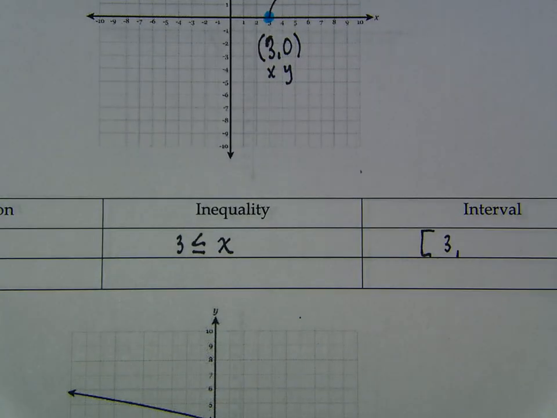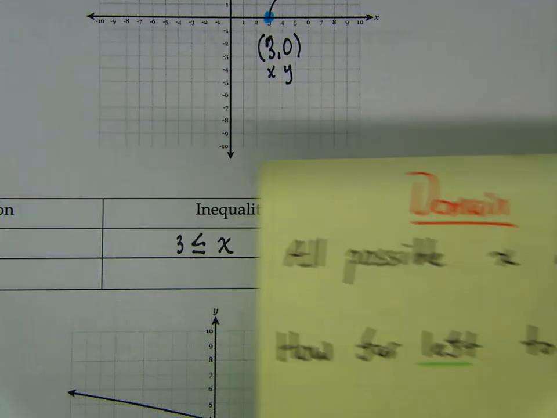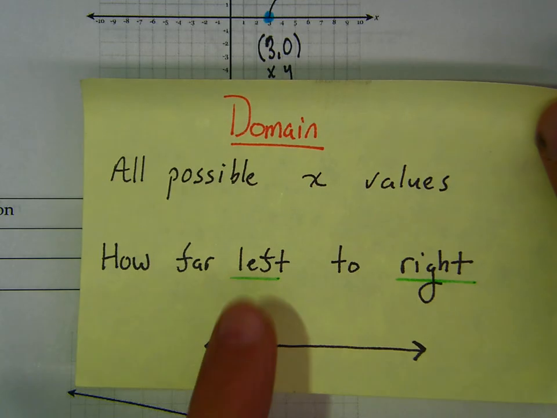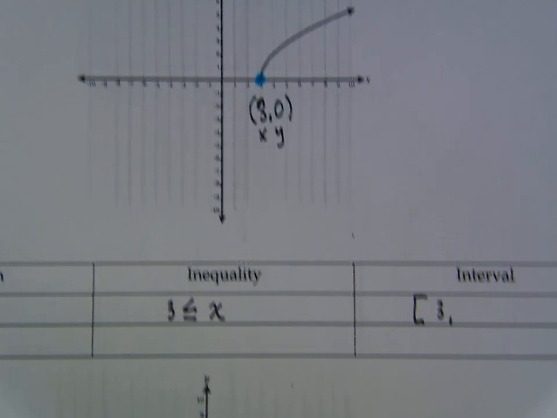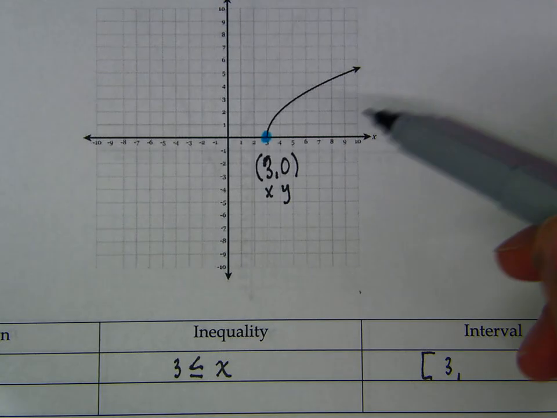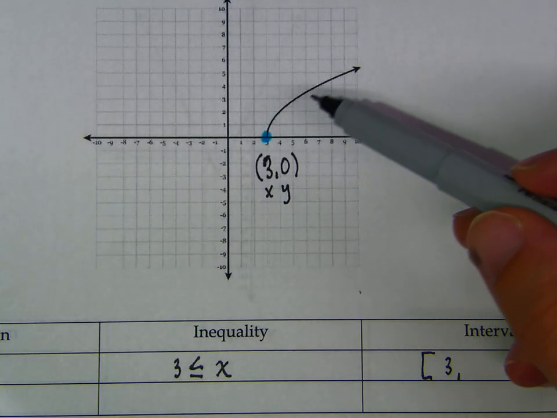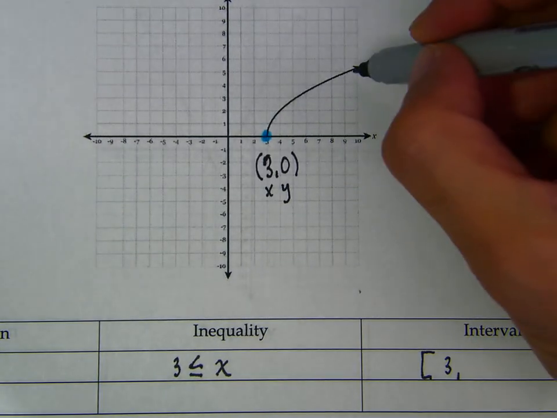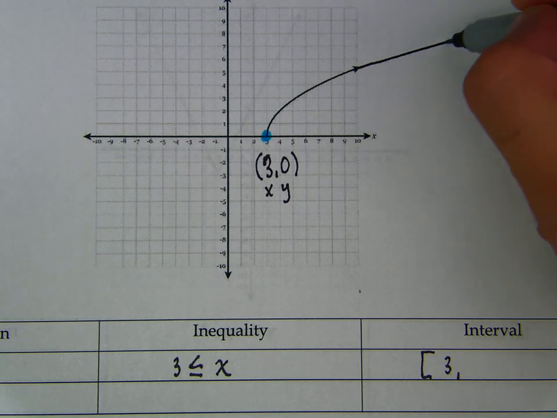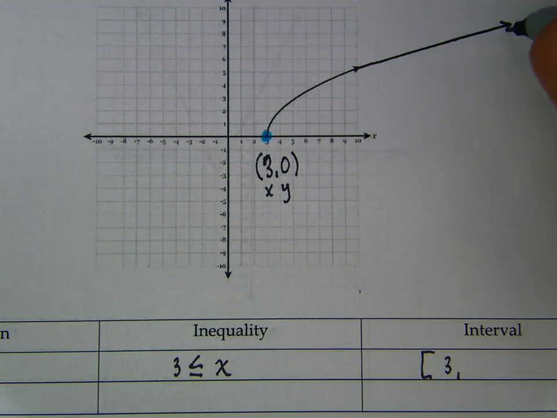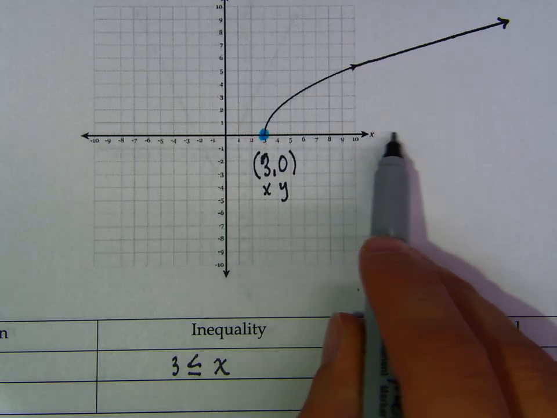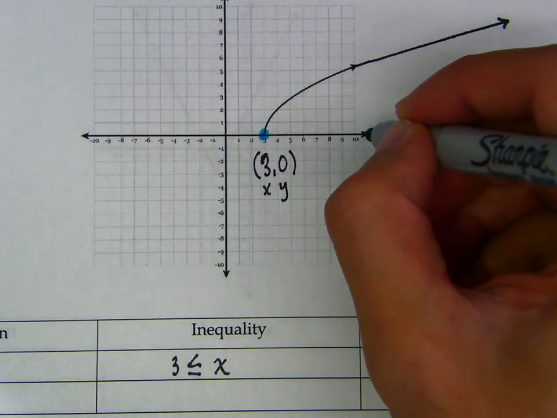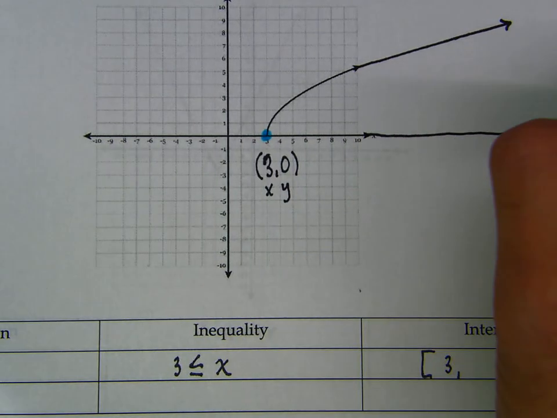But then the next question is, 3 is how far left? But how far right does the graph go? How far right does the graph go? So if I'm looking at this graph, and this arrow implies that the pattern just continues and continues and continues, how far right does the graph go? Well, I could just keep extending this towards infinity.